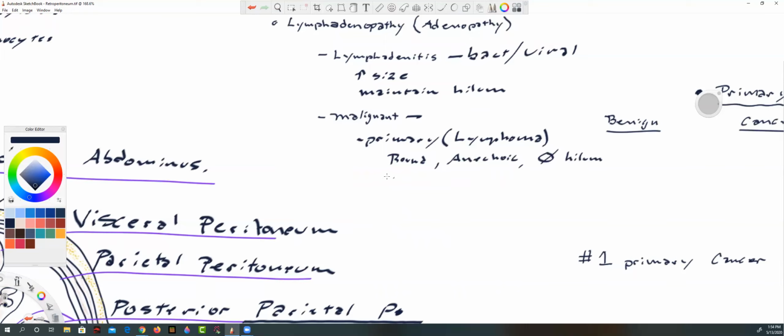Rounded. Oh, and I forgot, also, asymmetric. Asymmetric. So instead of being shaped like that in transverse view, well, first of all, they're going to lose their hilum. Let's say you get a little bit of a hilum, and then, actually, no, let's do a sagittal view.